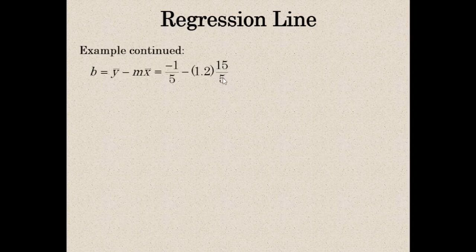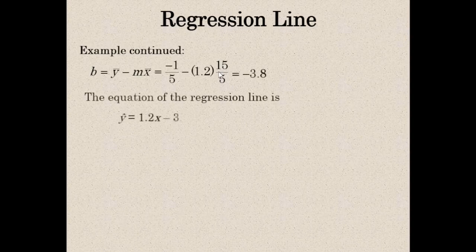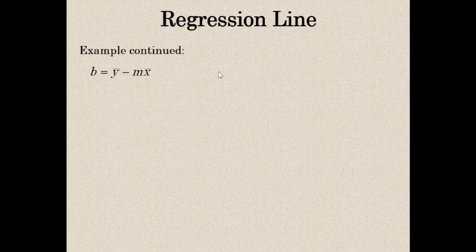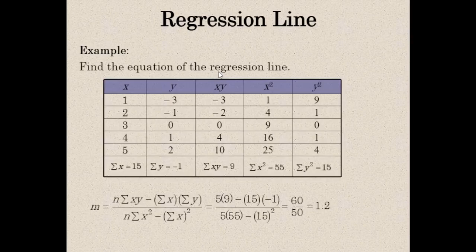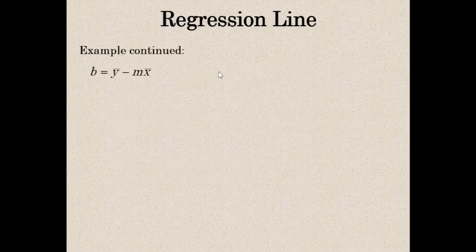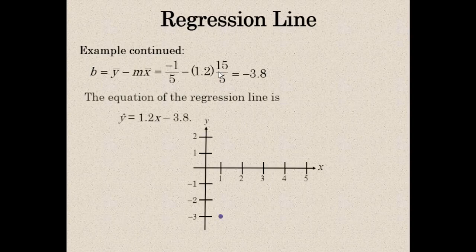Summation of x divided by n would be x bar. Summation of y divided by n would be y bar. And you already got the m value, so put that value and you will get the value of b. Put this value of b and m in the original equation, y equal to mx plus b, and you would get your equation of the regression line.